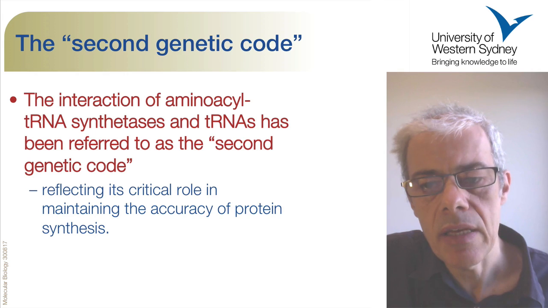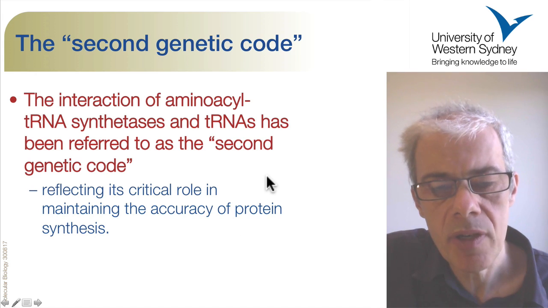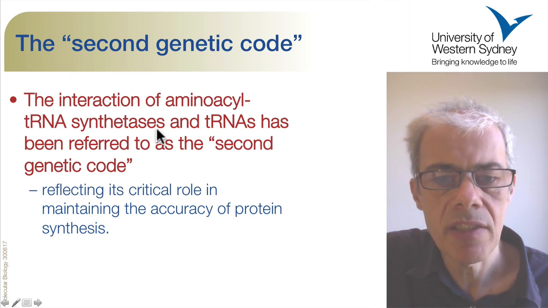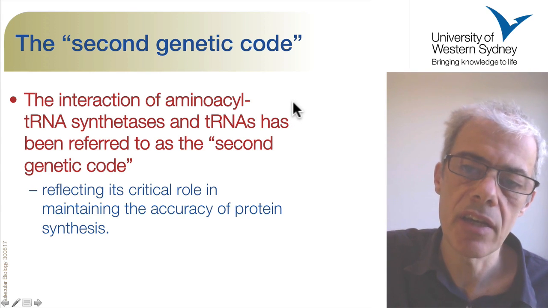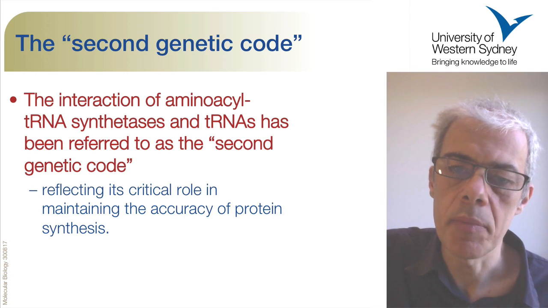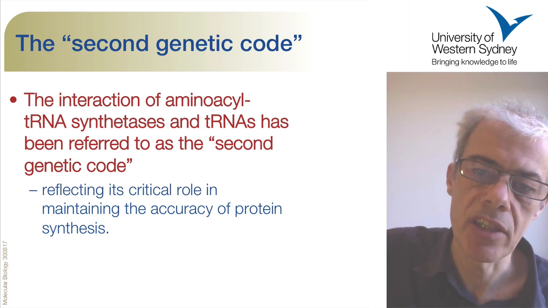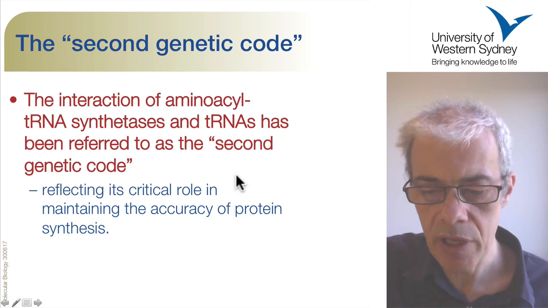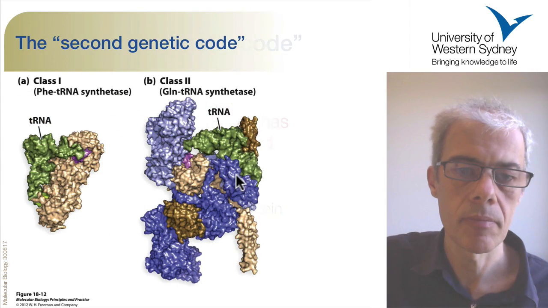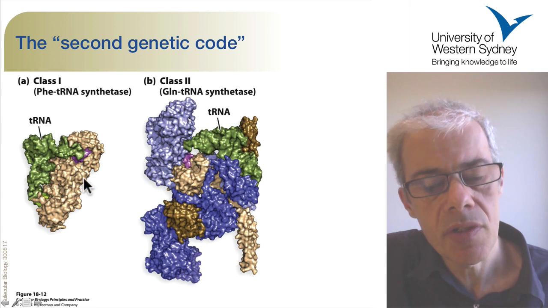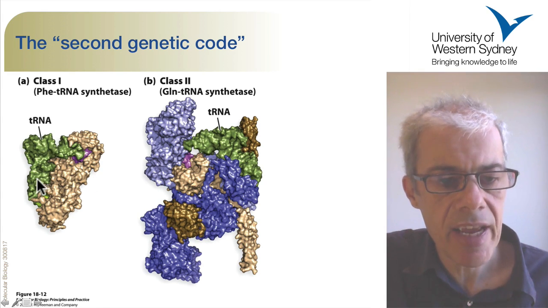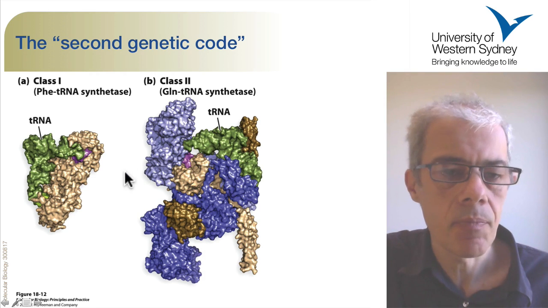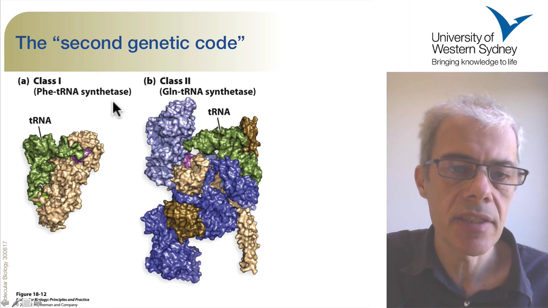Now, the attachment of an amino acid to a transfer RNA has been referred to as the second genetic code. Okay, so it's really important that the right amino acid be attached to the right transfer RNA before it goes to the ribosome. So to highlight the importance of the synthetase interaction with the transfer RNA, we have these crystal structures here. Now there are two types of synthetases.